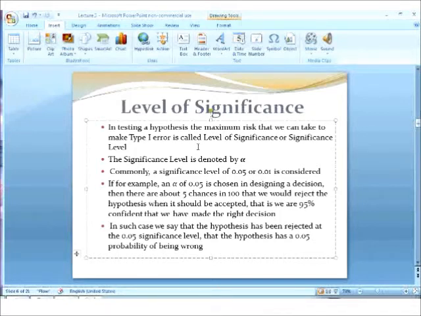The significance level is denoted by alpha, and commonly we say that we are 95% confident. So our significance level is 100 minus 95, which is 5%. That is, we are allowing only 5% chances of error in our experiment.